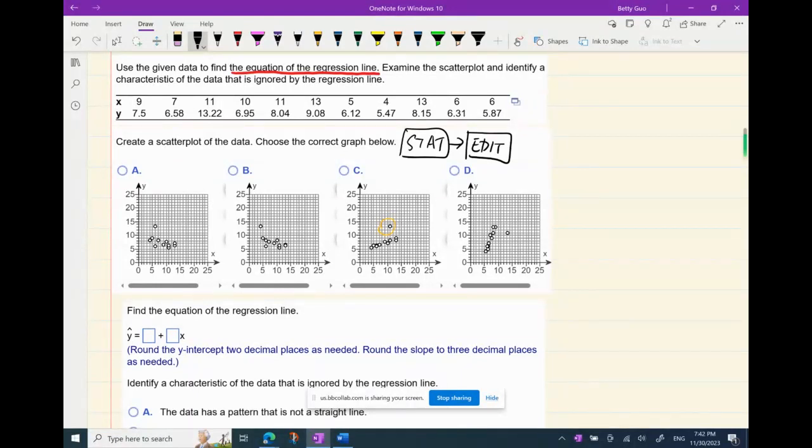Okay, let me double check my entries. All right, so now what do we do? We want to construct the scatter plot, right?